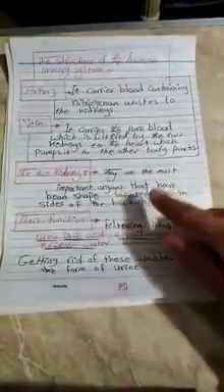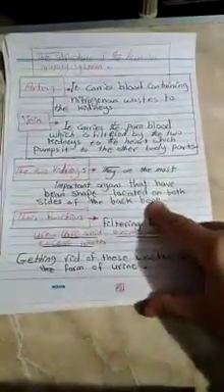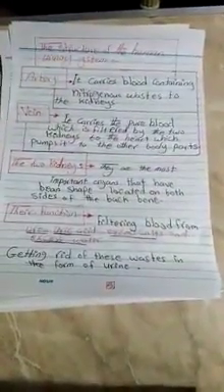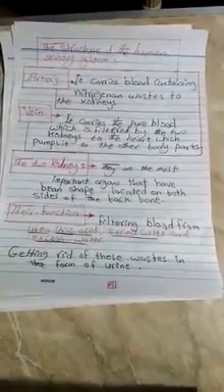If we talk about the structure of the urinary system, first, the artery. It carries blood containing nitrogenous wastes to the kidneys.